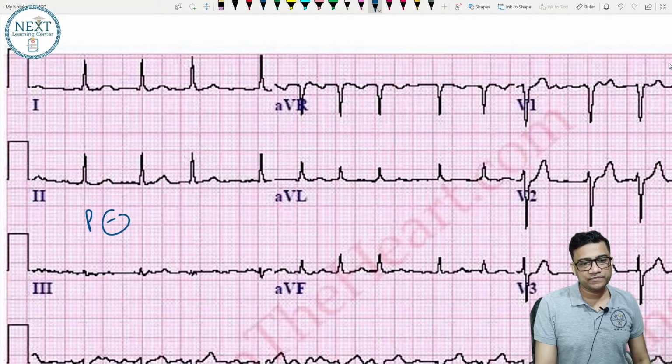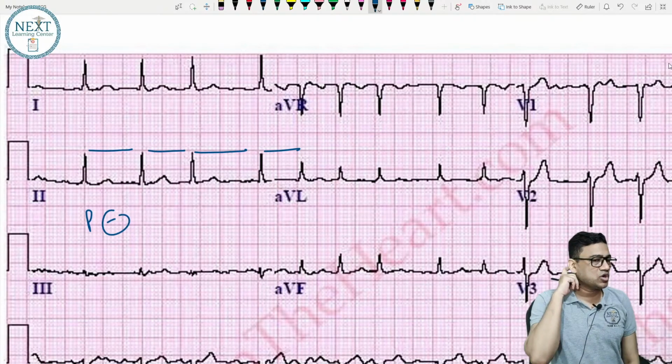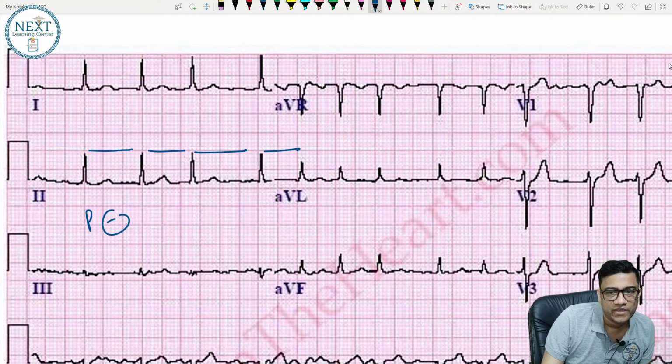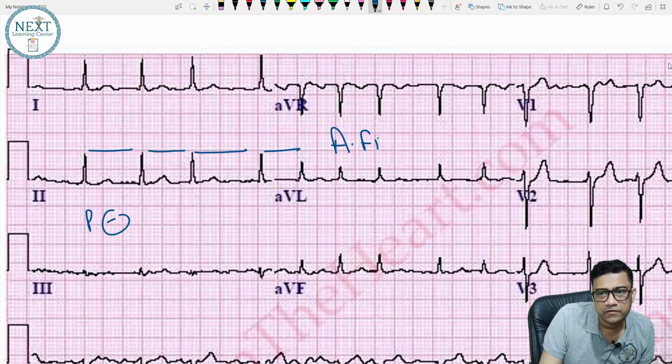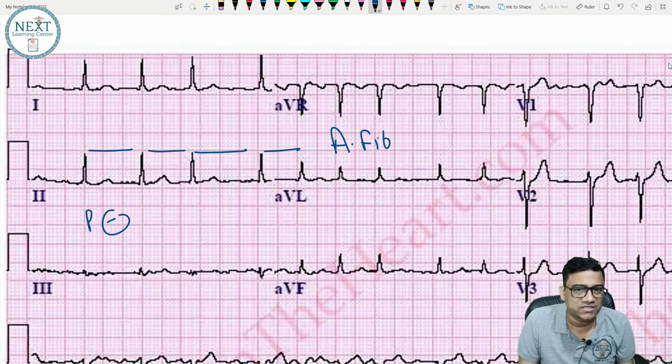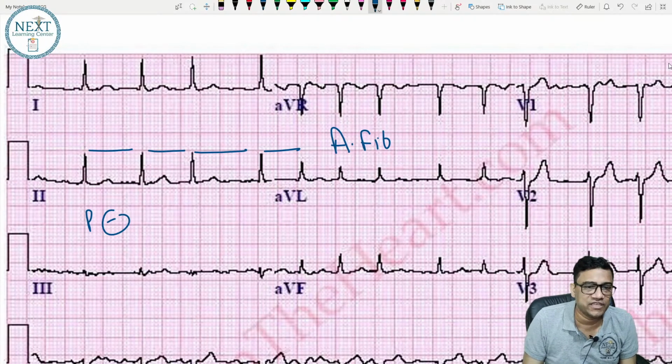P is absent. Before heart rate, we see what? RR is not fixed, RR is alternating. So most likely this is AFib, non-sinus rhythm, and the RR is variable, irregular.